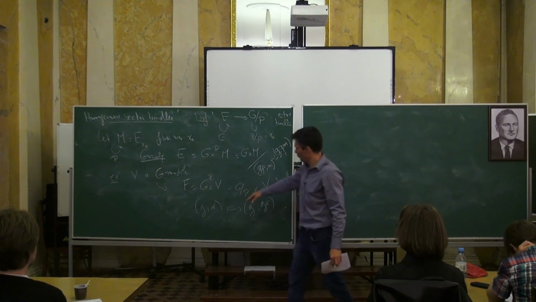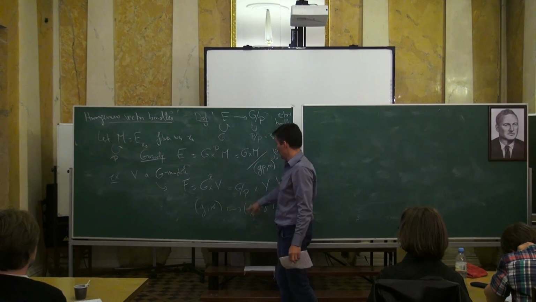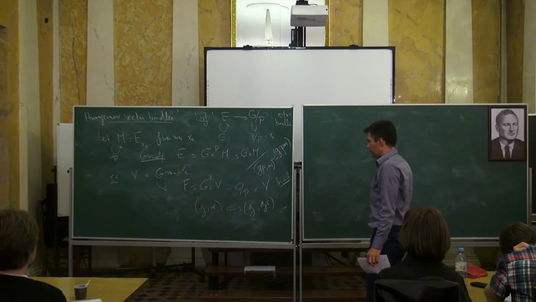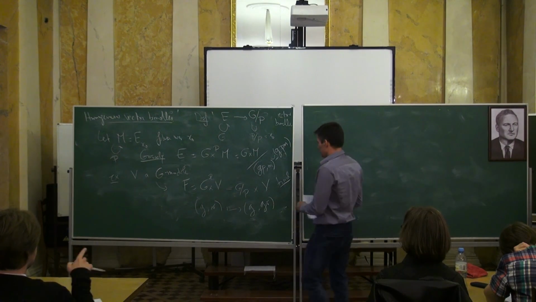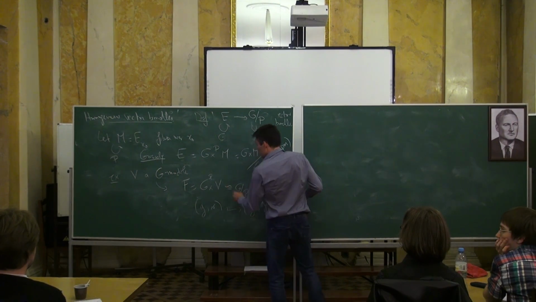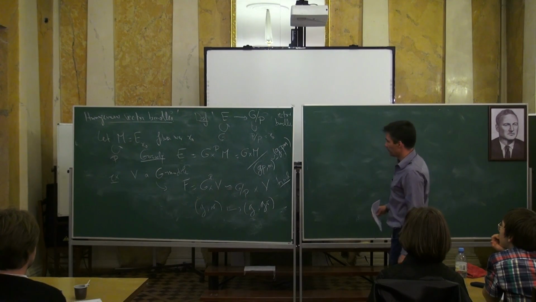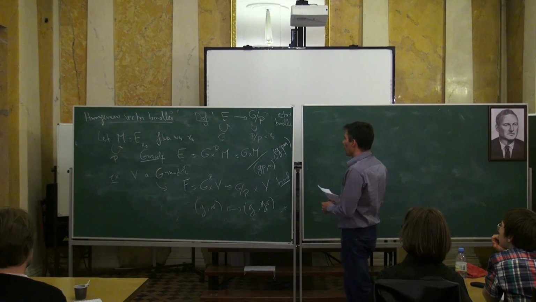So it will descend to a map from this to this, and you easily check that this is an isomorphism.